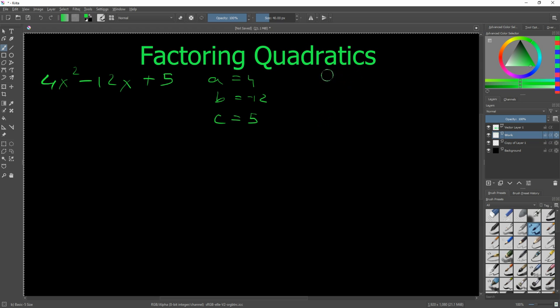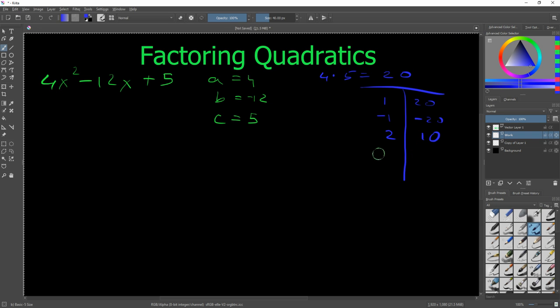All right, so I'm going to take A times C. A is 4 times C is 5, which gives you 20. What multiplies to be 20? 1 and 20, -1 and -20, 2 and 10, -2 and -10, 4 and 5, -4 and -5.